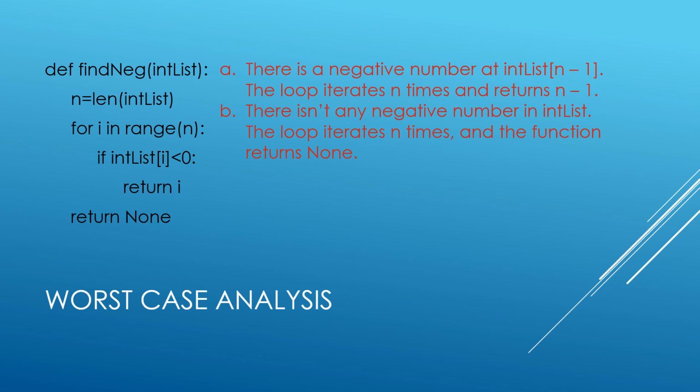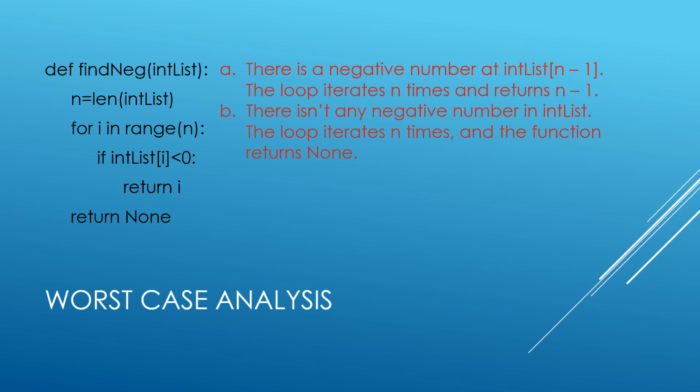If we are going through case A, then we will spend O(1) time on n equals len of int list. Then we will spend O(n) time on the for loop, and the total O notation of the fragment will be O(1) plus O(n), which is O(n).